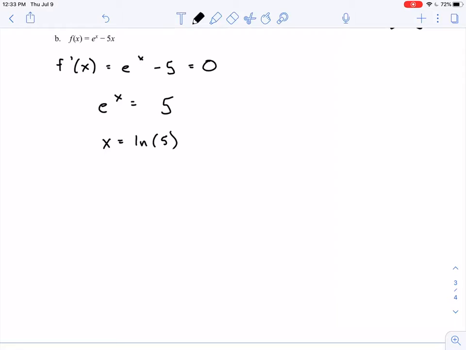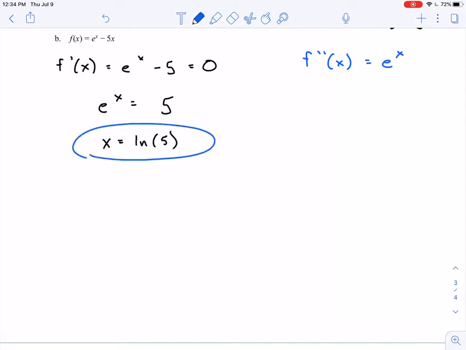I want to use the second derivative test, which means I need the second derivative. So f double prime of x, the derivative of e to the x minus 5, is just going to be e to the x.